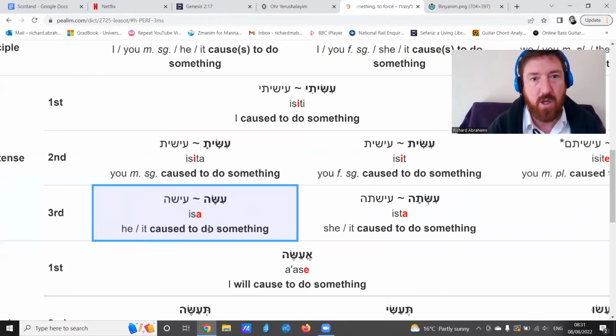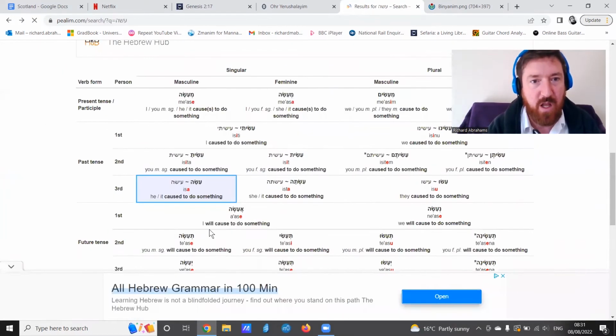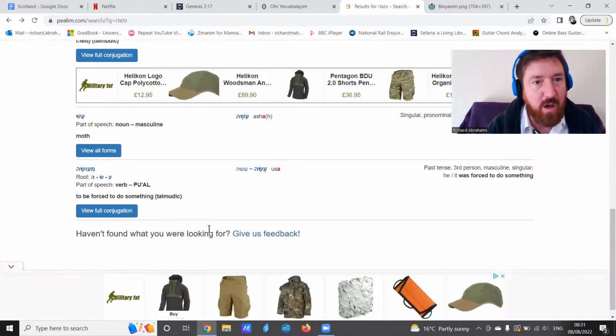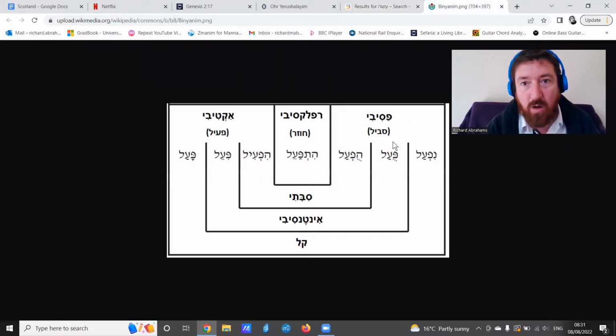Okay, so let's take another example. Let's go back to the list of the possible asa and see where this one starts. Okay, so this is the pu'al, right? Now the pu'al is on the passive side, and it's the intensive, it's the equivalent of the pi'el, right? But because it's passive, the focus is not on who's doing the verb, but on who is being done to.